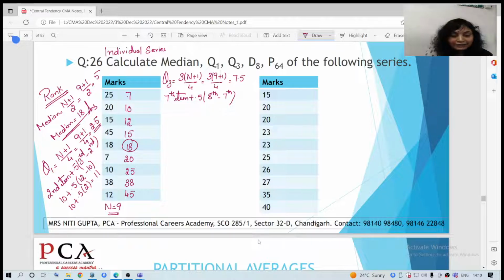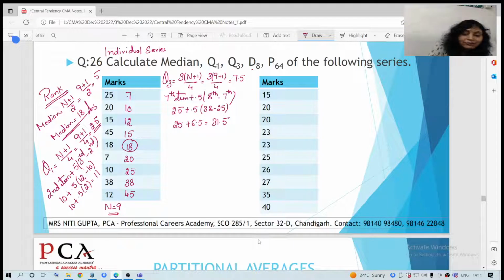The 7th item is 3, 4, 5, 6, 7, so 25 plus 0.5 of 38 minus 25. 38 minus 25 is 13. 13 into 0.5 is 6.5. So the answer is 31.5.